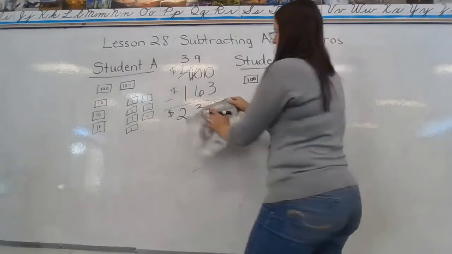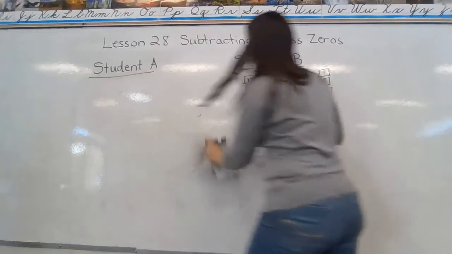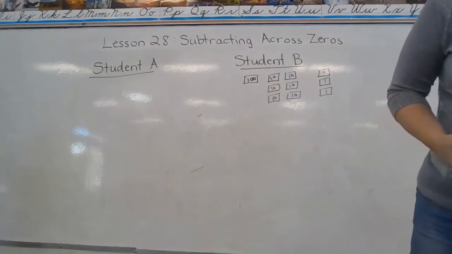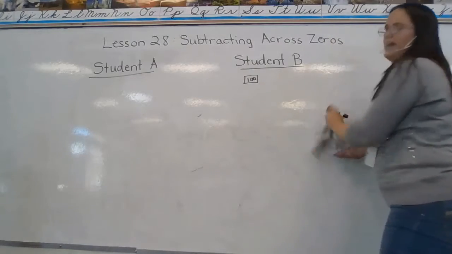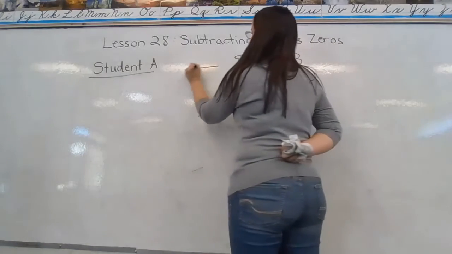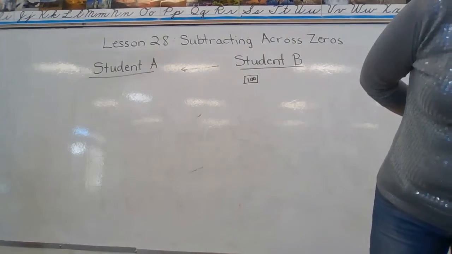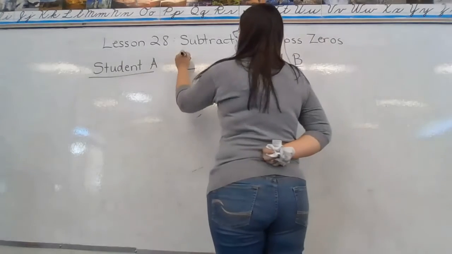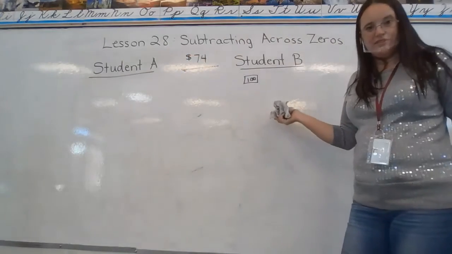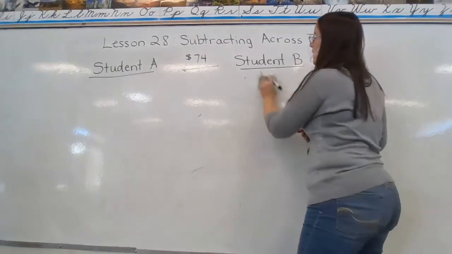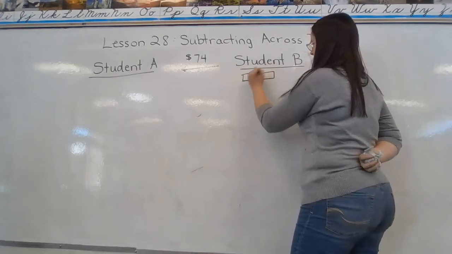So that's our first example. For the next example, student B has $100, and they are supposed to give student A $74. Well, they don't have the right bills, so they're going to trade in their whole $100 for 10 tens.